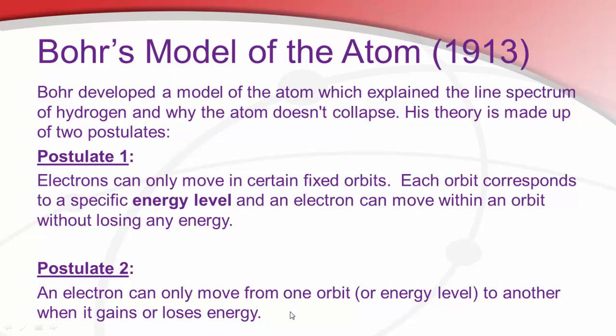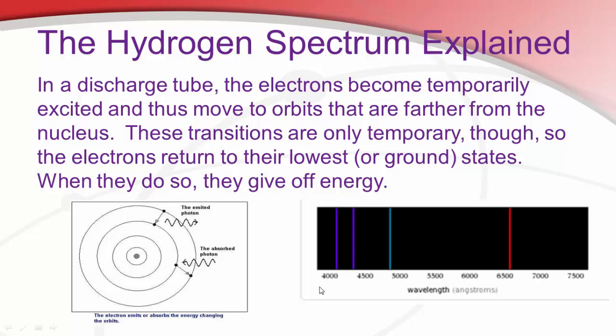And then his second part of this was that an electron can only move from one orbit or energy level to another when it gains or loses energy. And this is the brilliant part of it. So what this did was it gave us a perfect model for explaining these spectra.